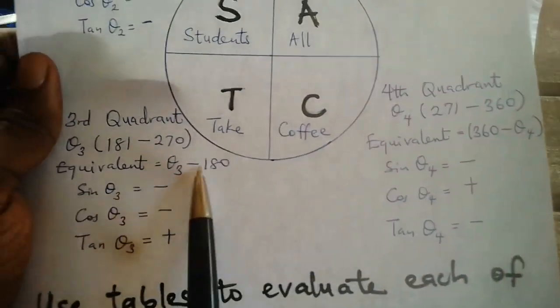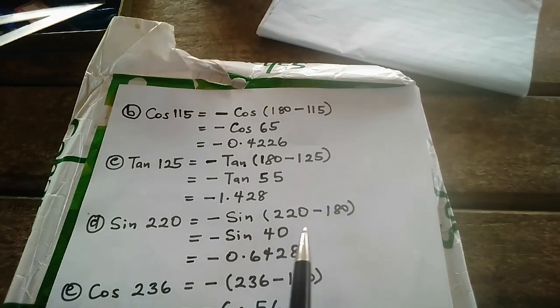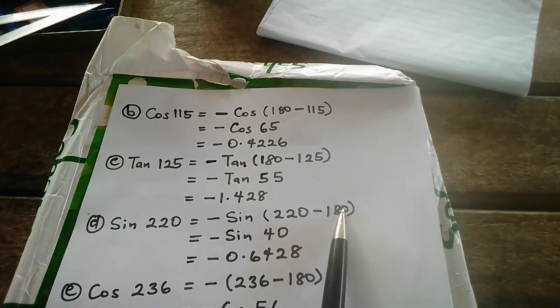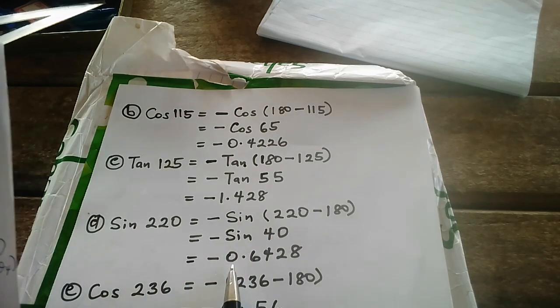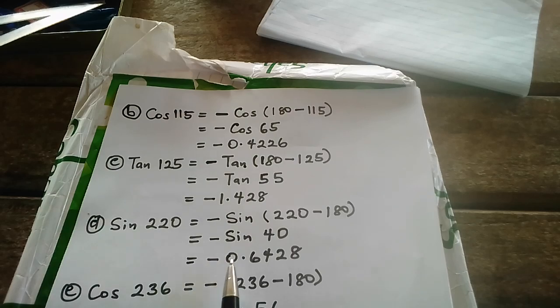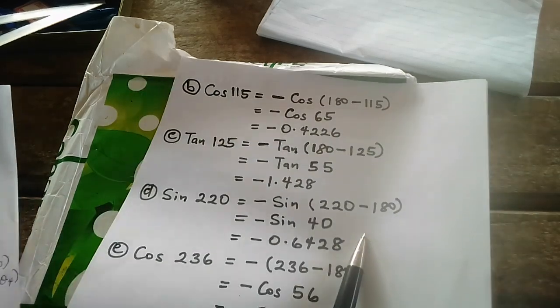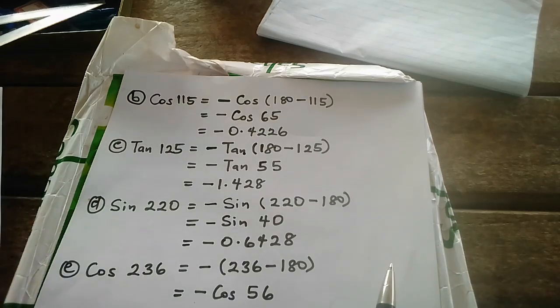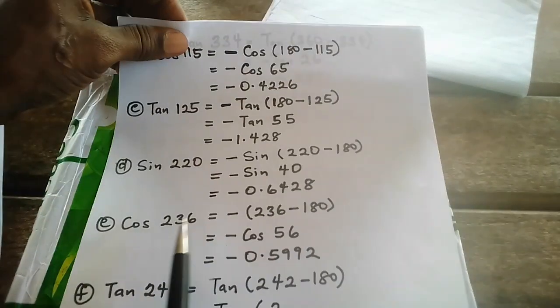So 220 minus 180 is 40. So minus sine 40. What is sine 40? That will give us 0.6428. So in the third quadrant it should be minus 0.6428.